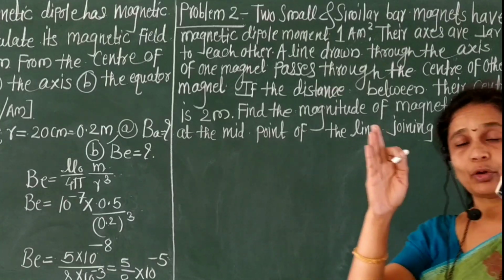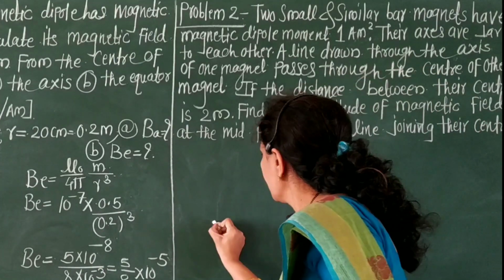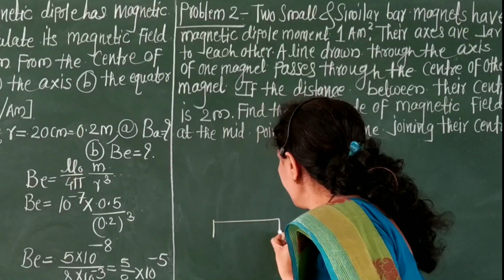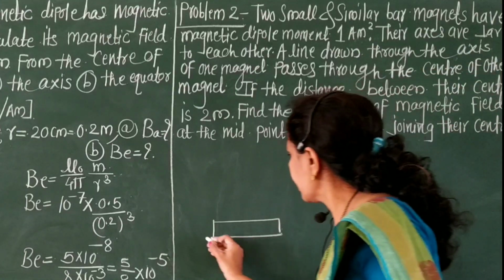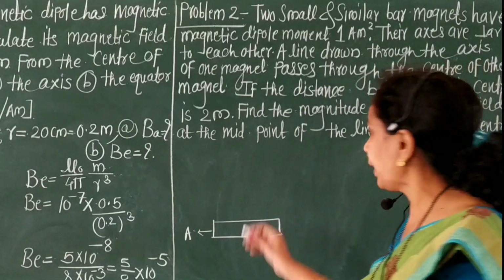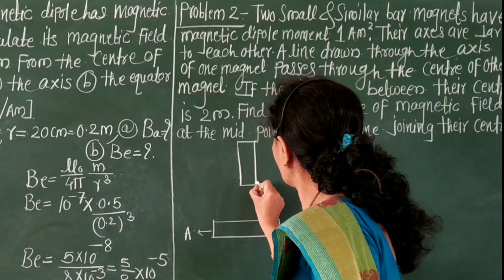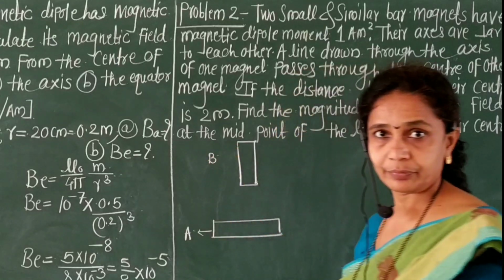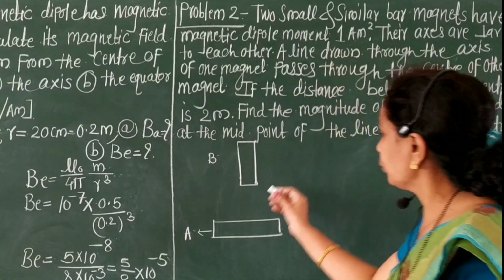Okay, ह्या पॉईंटवरनं सिच्युएशन ही क्लिअर होणार आहे की suppose this is the first magnet. Okay, we can say this magnet as A. Okay, and second magnet is this, say it is B. Okay, then see this, their axes are perpendicular to each other.